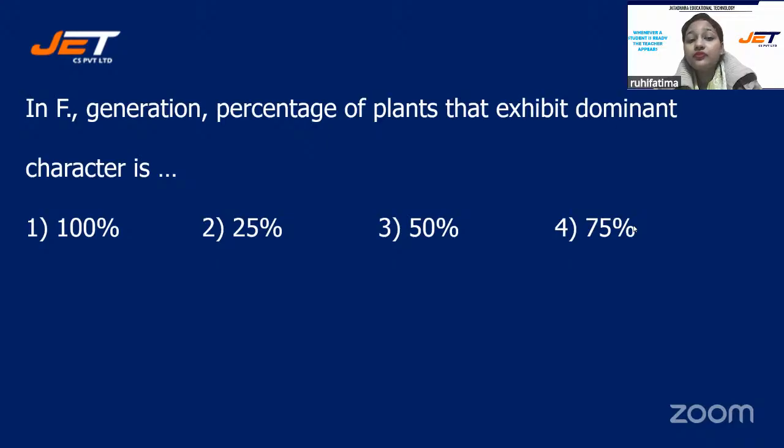In F2 generation, the percentage of plants that exhibit dominant character is. Your options are number one, 100%, option number two, 25%, option number three, 50%, or option number four, 75%?